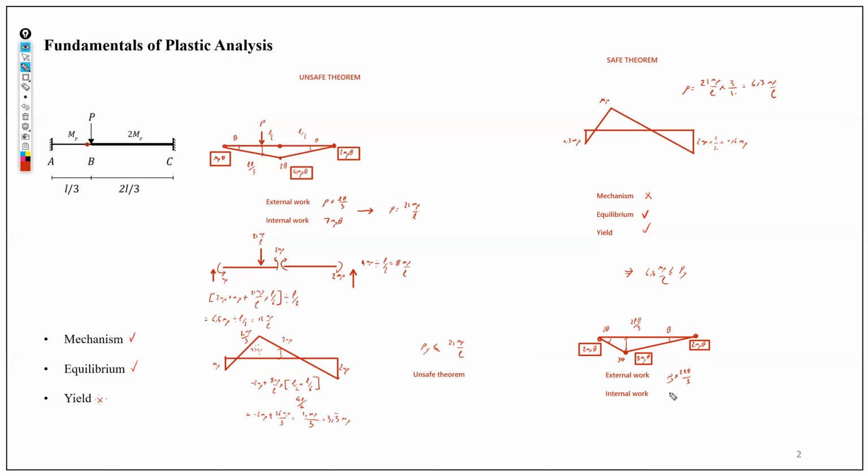It will be 7 MP theta. By putting these two equal to each other, then Py is equal to 7 MP multiplied by 3 over 2L, which will be 10.5 MP over L.